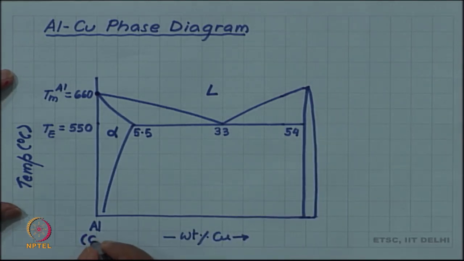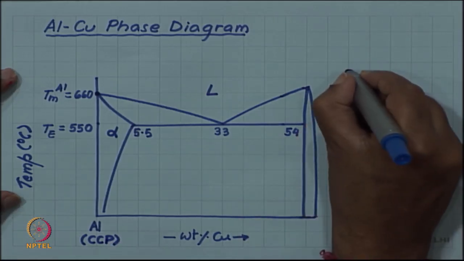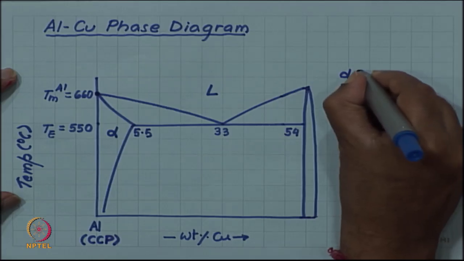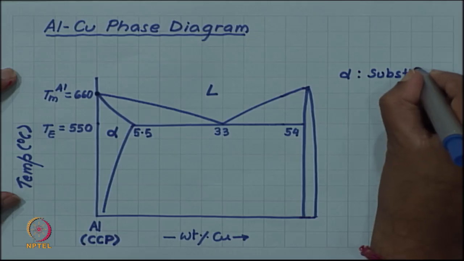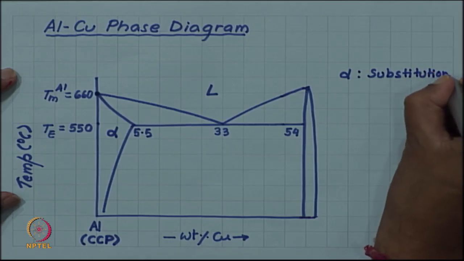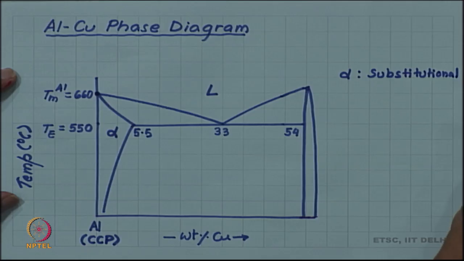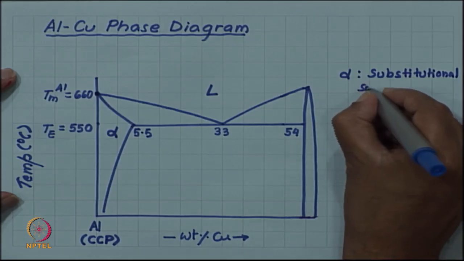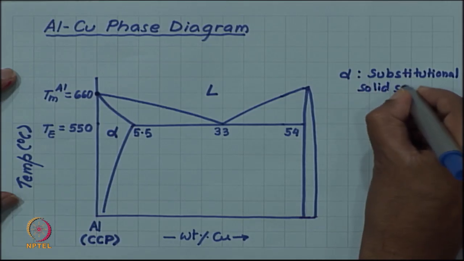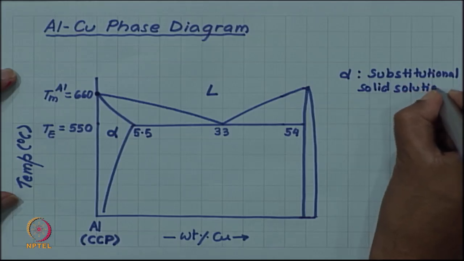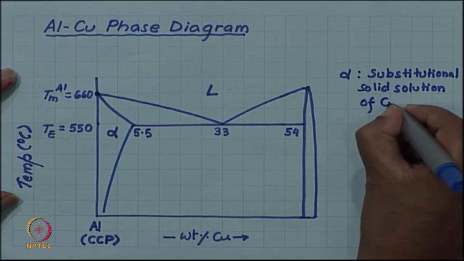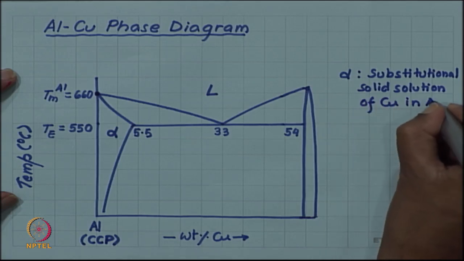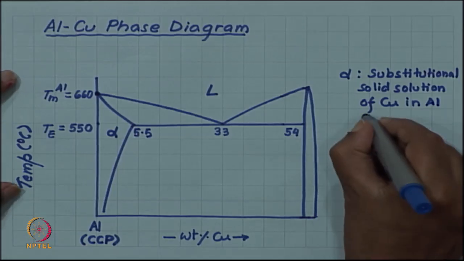Aluminum is cubic close packed, CCP. So, alpha is a substitutional solid solution of copper in aluminum, and its structure will also be CCP.